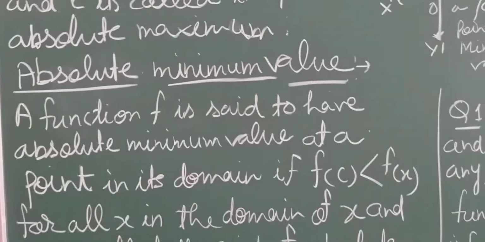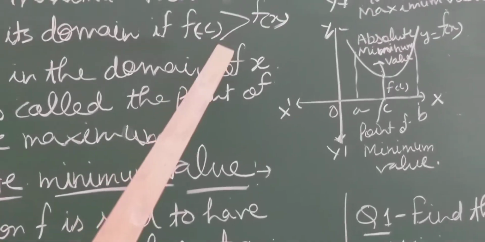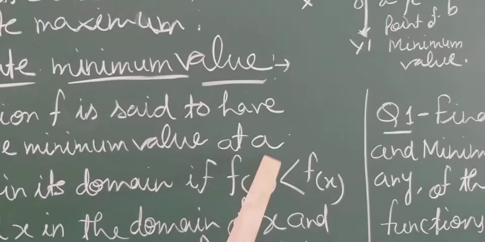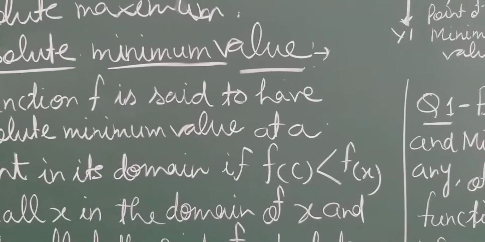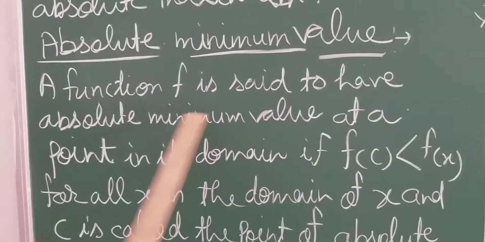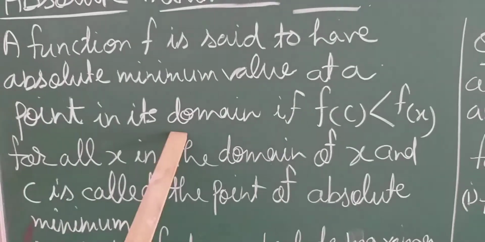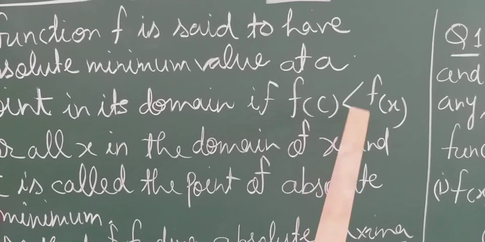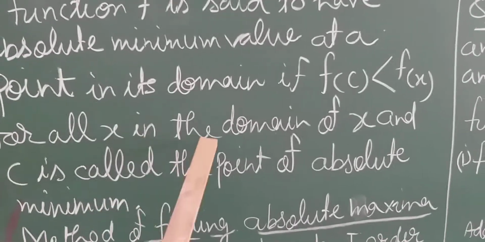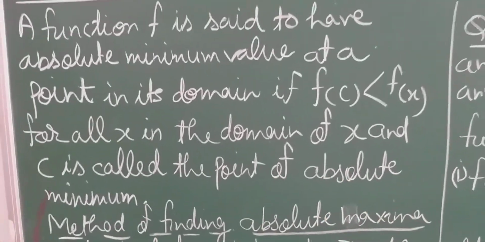Now for absolute minimum, all the things will be the same, only the sign which is greater than here will be changed into less than. So a function f is said to have absolute minimum value at a point c in its domain if f(c) is less than f(x) for all x in the domain of f, and c is called the point of absolute minimum.